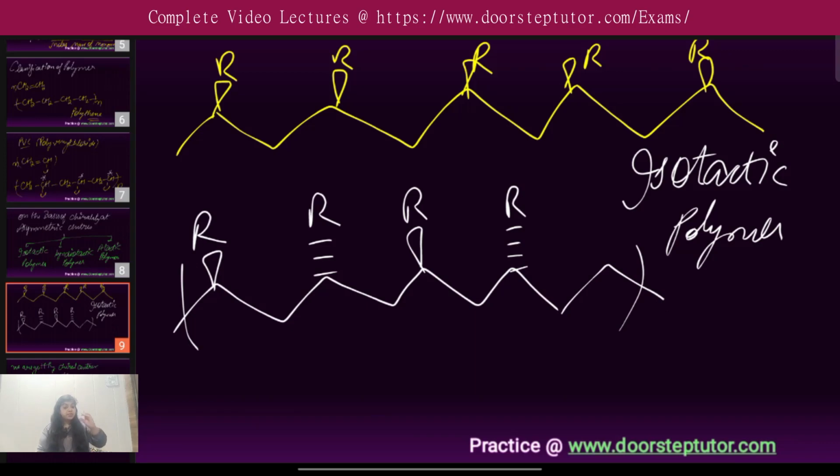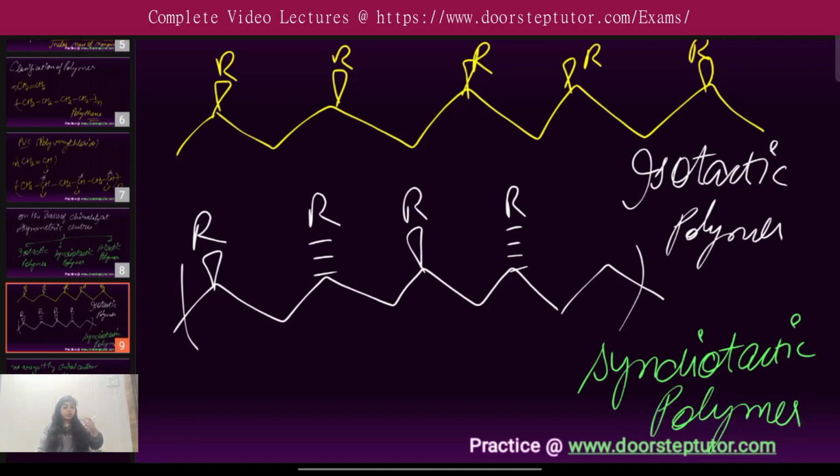So at the alternate positions we get the same configurations, either D or L. At the alternate positions they are the same, and this is known as our syndiotactic polymer.